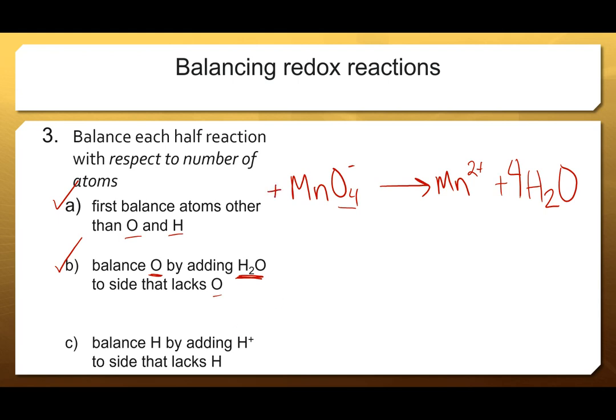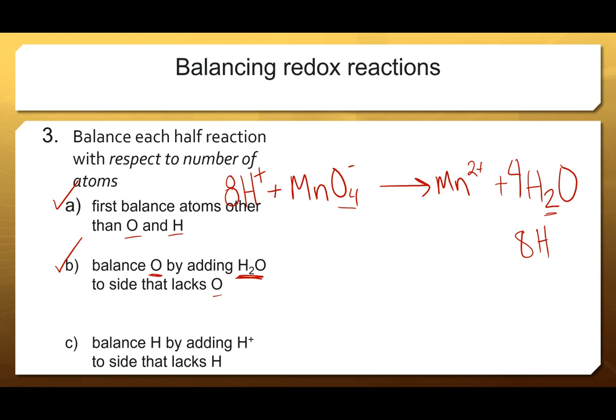Over here, we've got 4 times 2, so we've got 8 atoms of hydrogen. So to the reactant side, we're going to need to add 8 of these hydrogen ions.